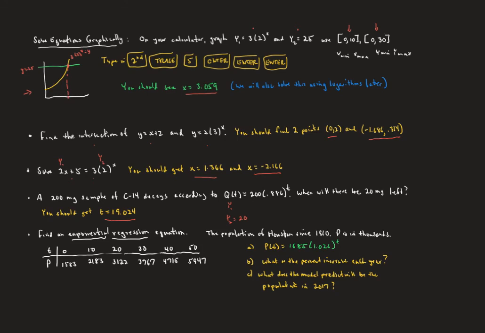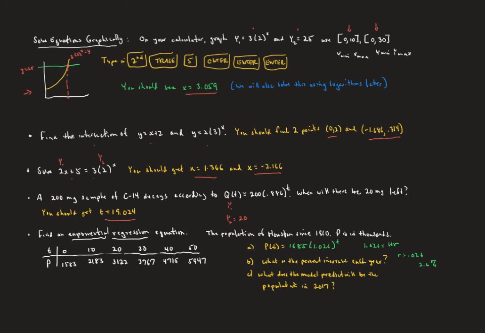Remember, our B, 1.026, holds that information because it's 1 plus R. When you subtract off the 1, that's going to make R equal to 0.026.